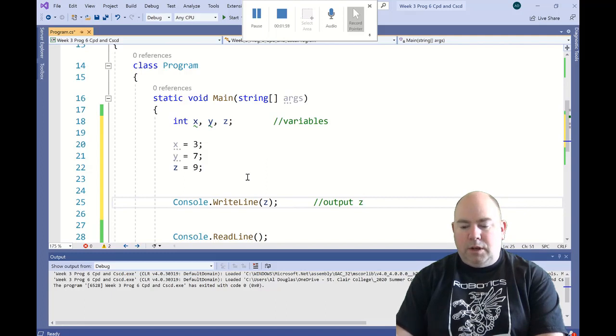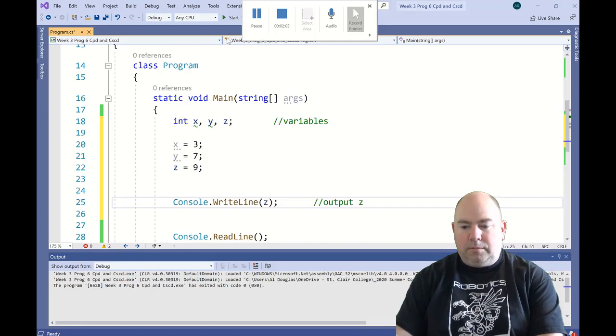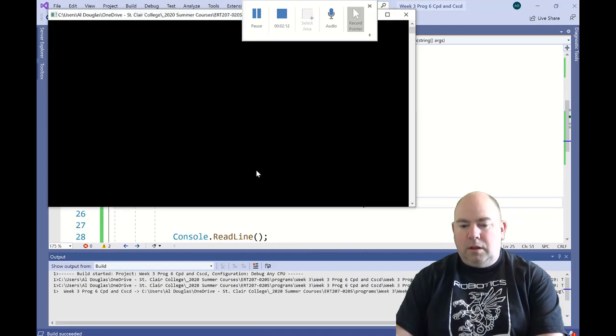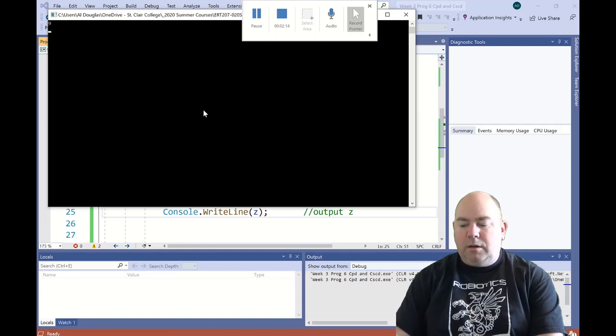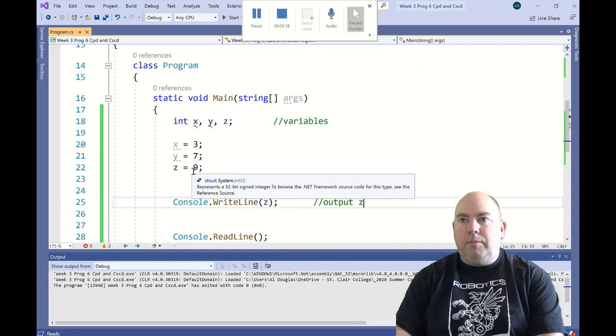And the value of z in this example is going to be 9 because we defined z as equal to 9.